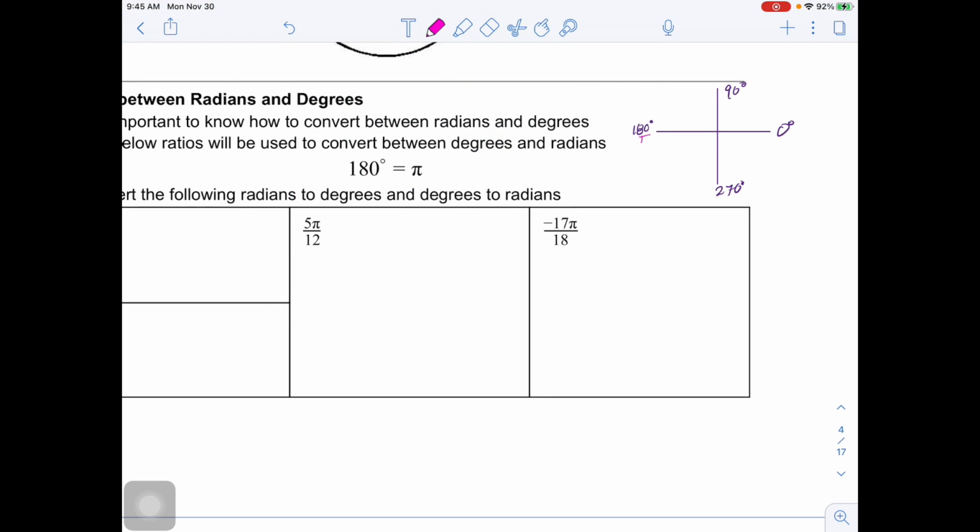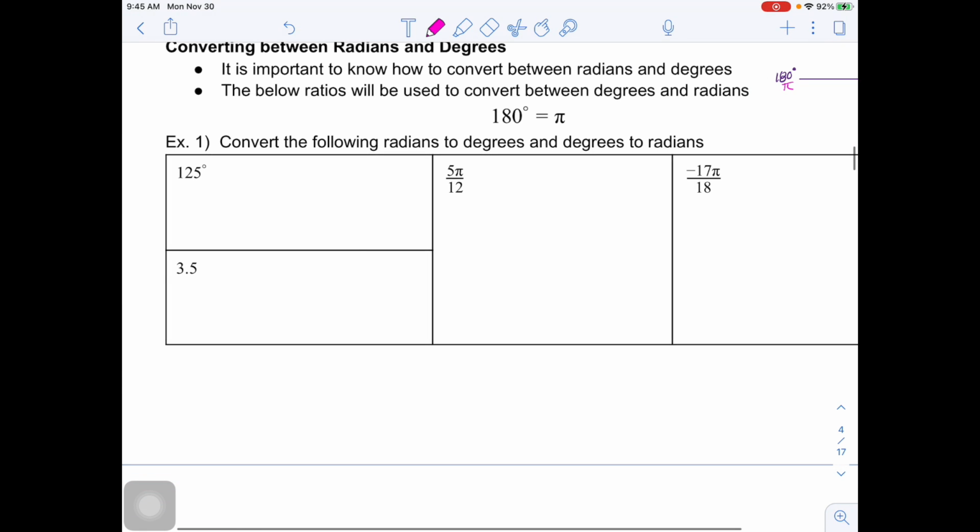So I could also refer to this as pi. You might learn many different ways to do this. I'll show you a few. Some people like to set up ratios. Some people like to multiply by a conversion factor. I'm a conversion factor type of guy, but if you like setting up ratios, that's cool too.